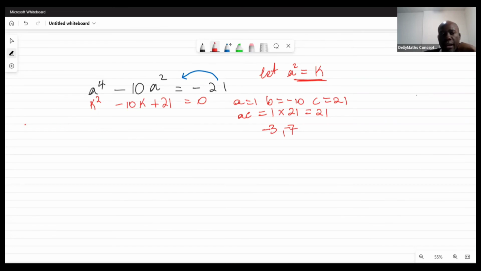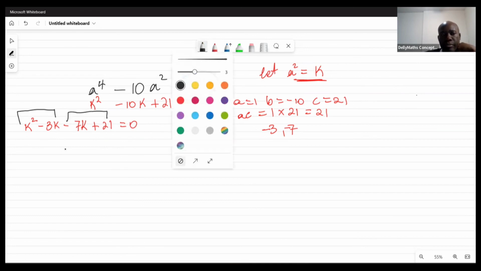So therefore, we'll have k squared minus 3k minus 7k, and then this is positive 21, and this is equal to 0. As you can see here, we could factorize that part and then factorize this.